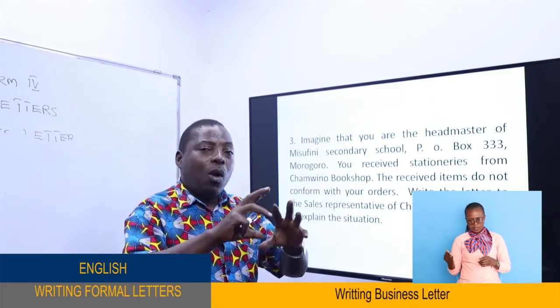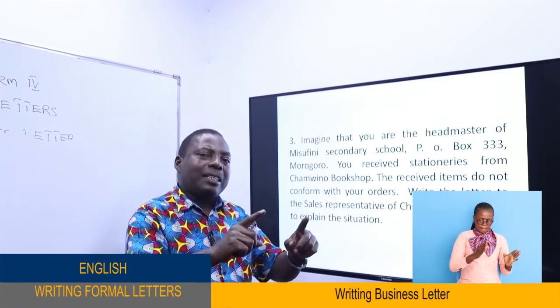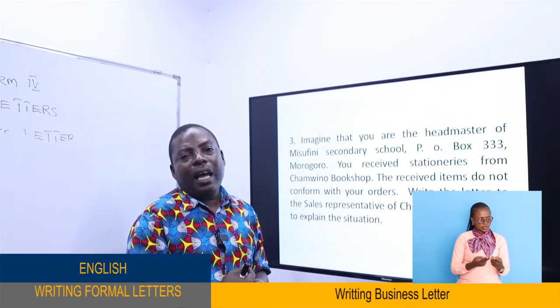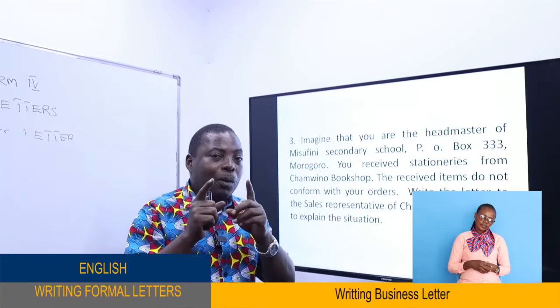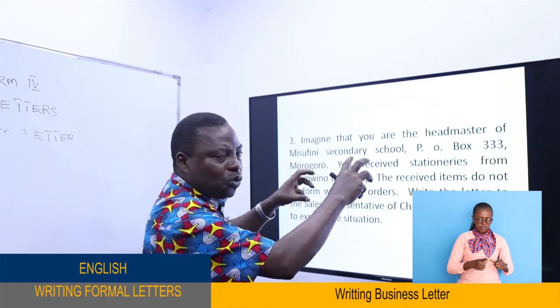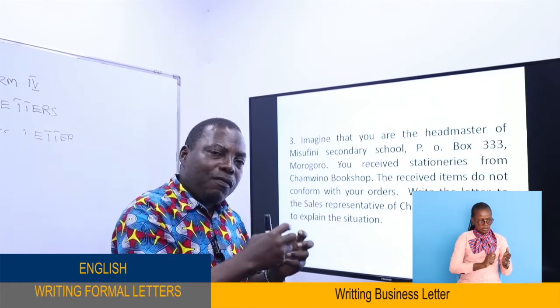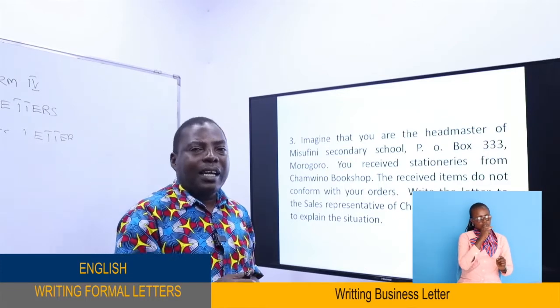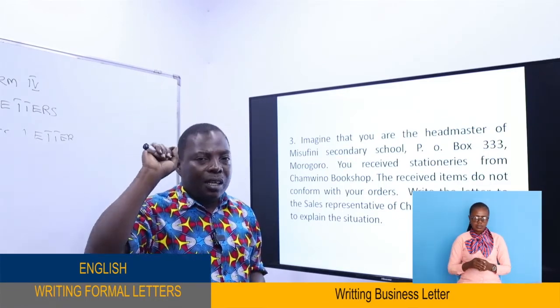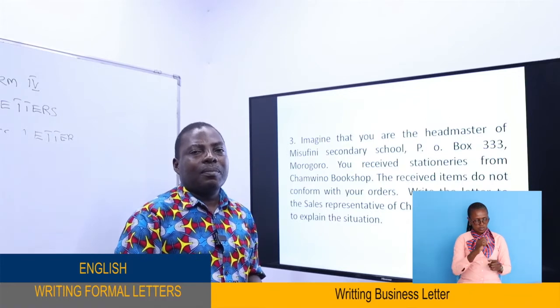And the order of their occurrence is the same as the way we saw it in the layout of formal letter writing. But the important thing is, how can you extract the possible information that you could fit in those areas like sender's address, date, and so forth.